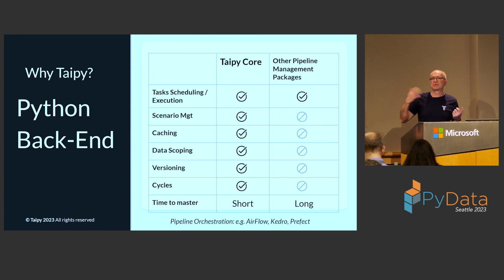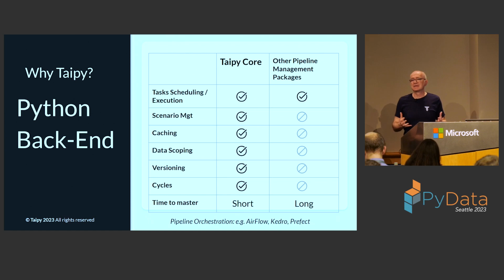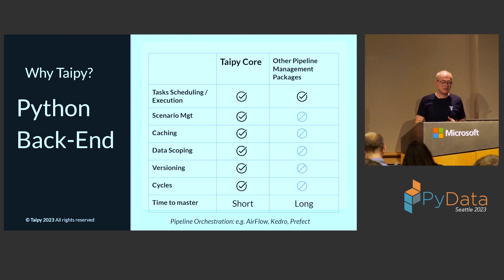So you need to be able to run your experiment, or your runs, your executions, and to basically sort them by time buckets like this. Okay? And to say, within that week, this is the official scenario. So all the scenario management was also not really available anywhere. All of this is to explain why we created Taipy Core.